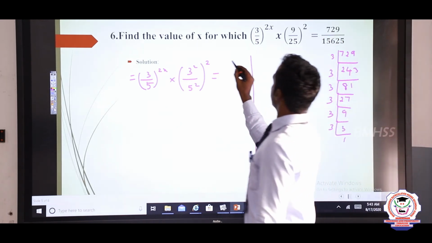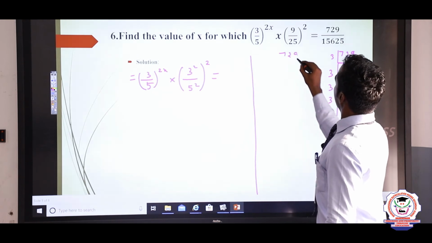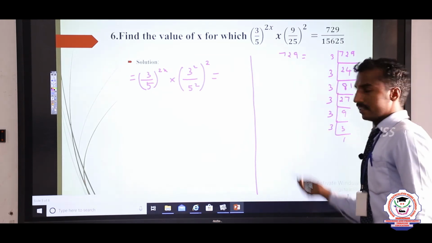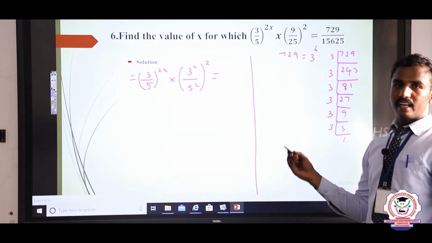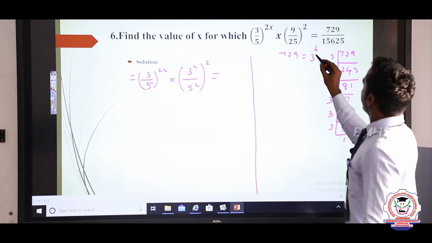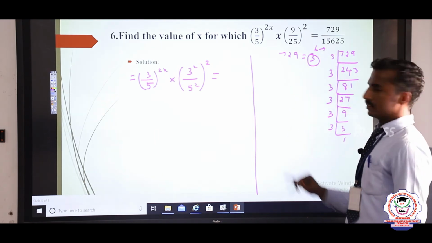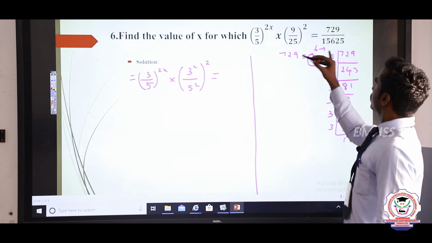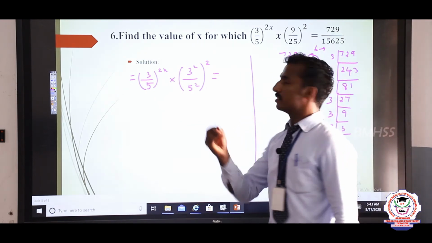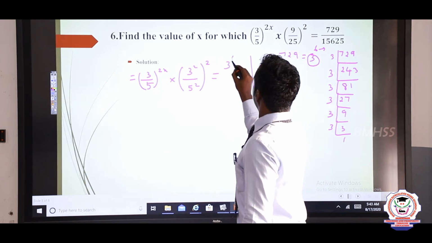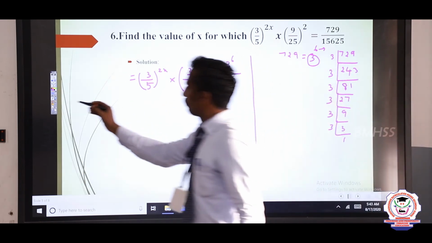So 729 equals, how many times do we multiply 3? 6 times. So 3 power 6. 729 equals 3 power 6. This 3 is the base element. This 6 is the exponent. So 729 equals 3 power 6. Next one, 15,625.